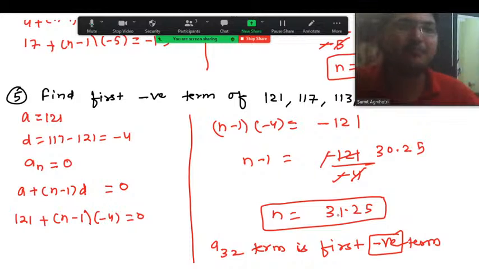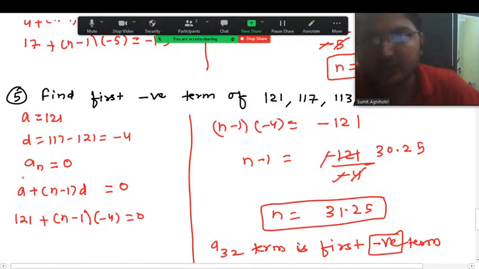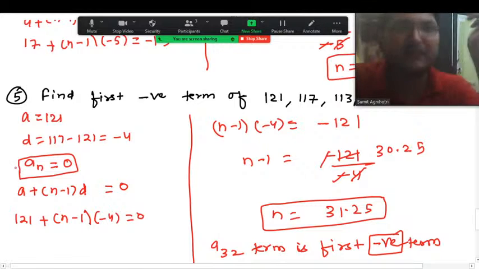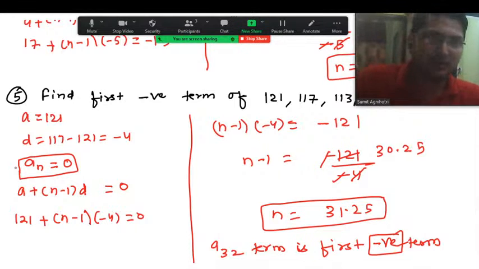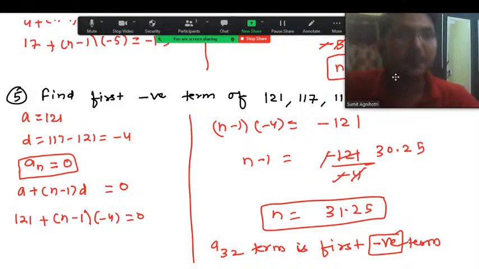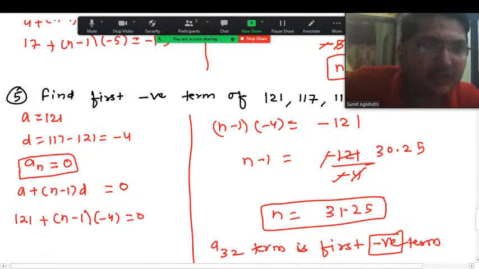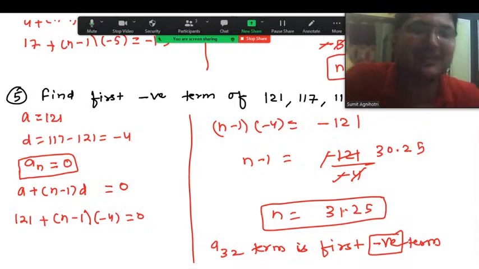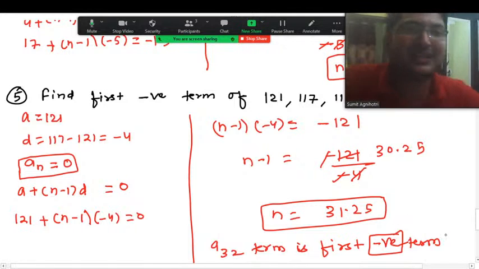Because I have tried to figure out which term of this sequence is 0. I found no term is 0 for this sequence. But if it's coming out to be 31.25, that means just after this I'm going to get the negative term. That's why I concluded 32nd being the negative term.